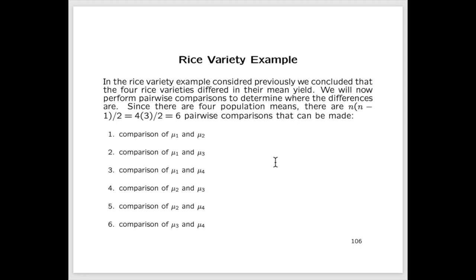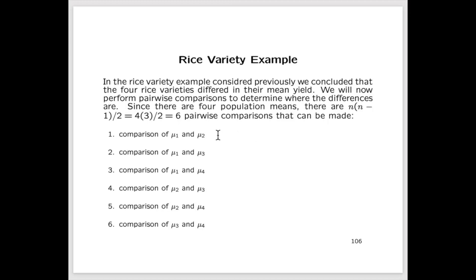But in this case, we have what is called a one-way treatment structure, and none of these populations is considered the control, so to speak. And so we're really interested in all pairwise comparisons, and there are 6 of those.